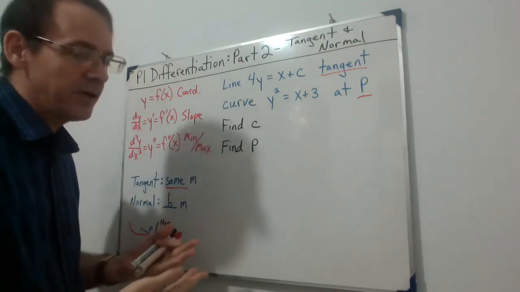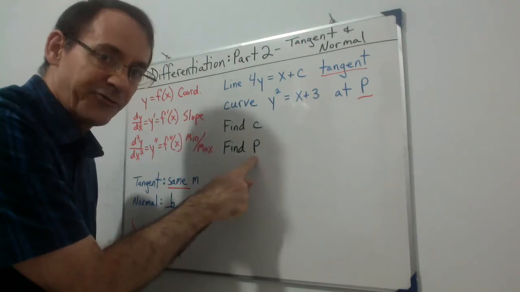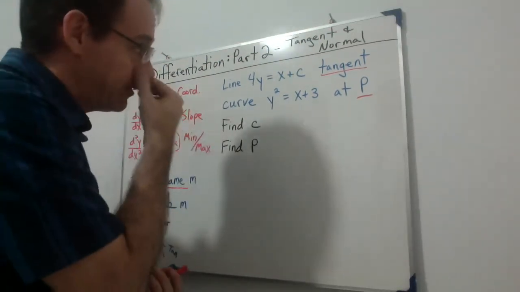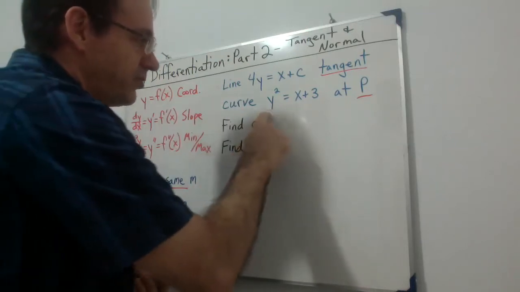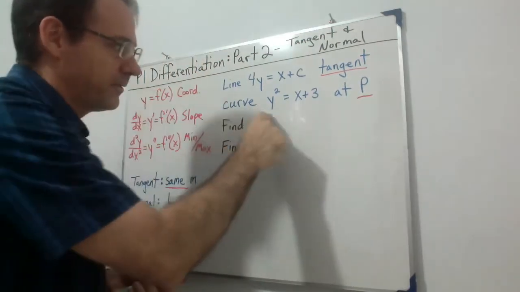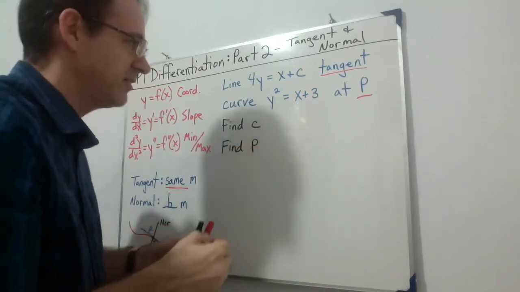So if we're going to solve this using derivatives, we're going to find point P first. So we're going to find the derivative here of our curve, but I want to rearrange it a little bit.